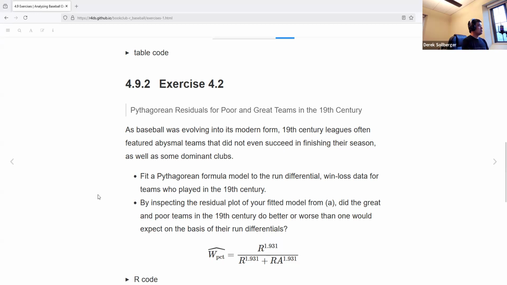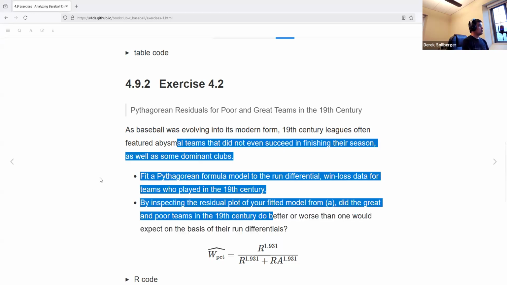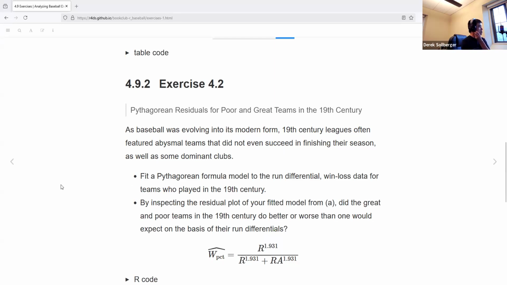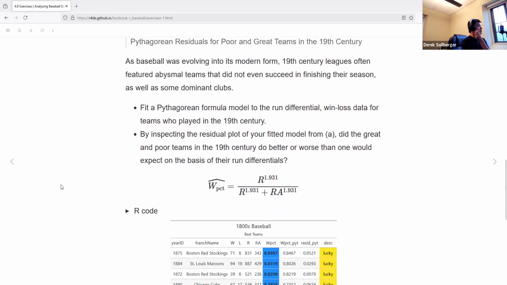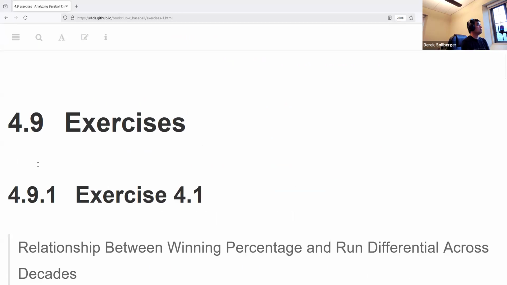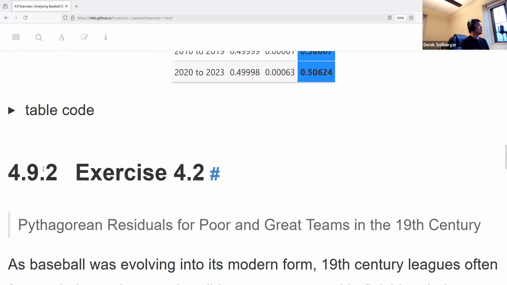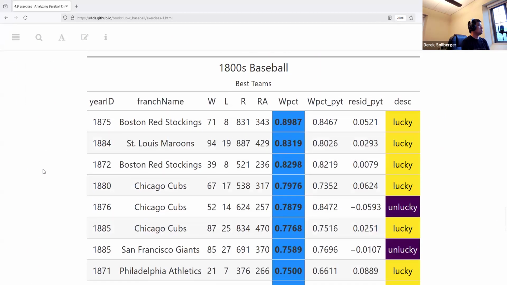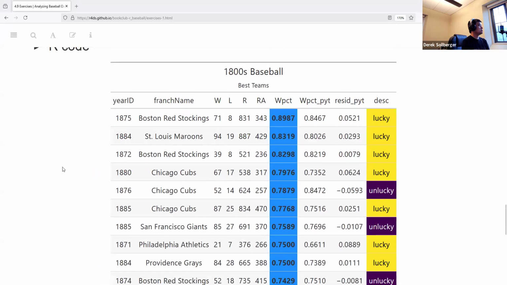What I did from there was, as recommended by the problem, I looked at the best 10 teams from the 19th century according to win percentage. Let me zoom in for us. There we go.